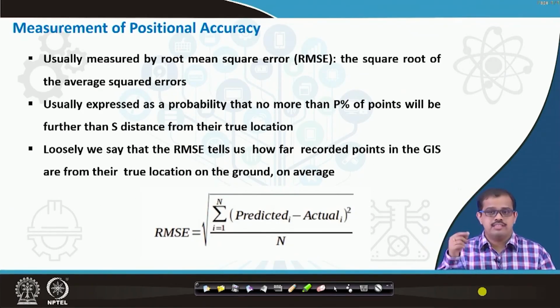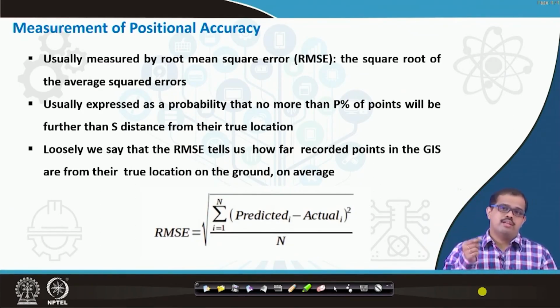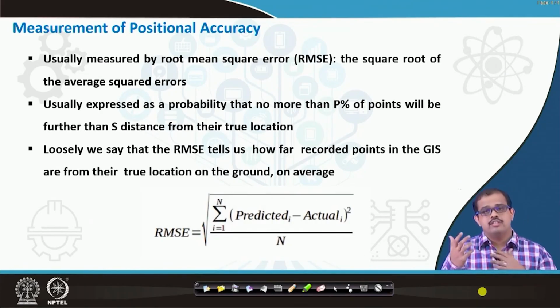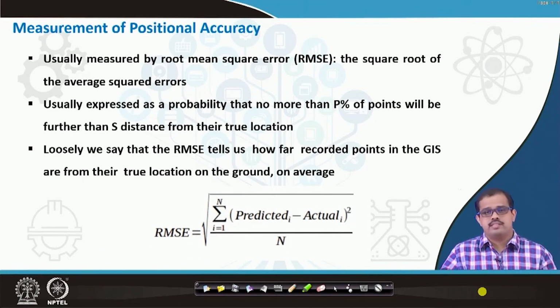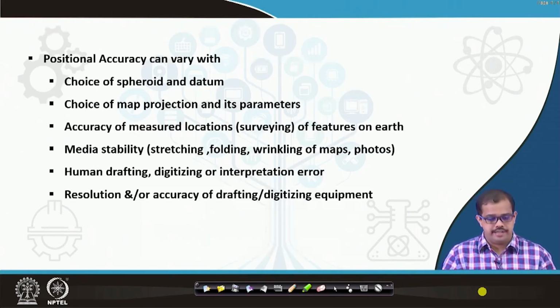Once you know this, tie the information to the real world coordinates that you have already got. Now you can compare what the error is. With that, shift the particular point so that you have almost zero pixel error, or zero RMSE. If you can achieve that, then you have the best positional accuracy for a particular data.